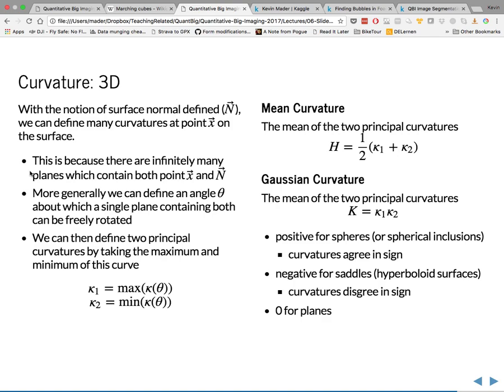When you look at curvature in 2D, it was quite easy: you just had 1 over r. In 3D, it's quite a bit more complicated. You don't just have one curvature at every point; you actually have a number of different curvatures at every point. The 2D definition worked very well for a curve, because at one point in the curve, you can always define a circle that fits it very well.